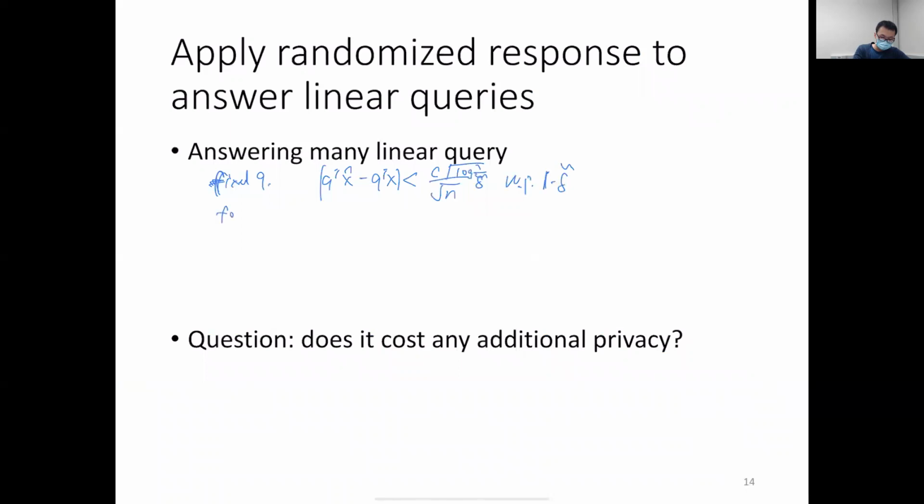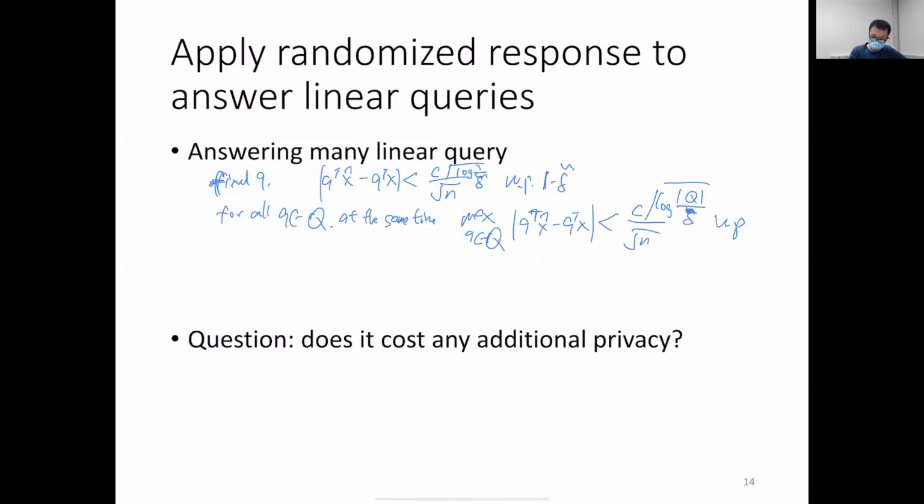Then for all q in some query space at the same time, the max over q in Q of q transpose x hat minus q transpose x, by just enumerating over them and then applying the union bound, is smaller than c over square root of n, square root of log cardinality of Q over delta, with probability 1 minus delta.